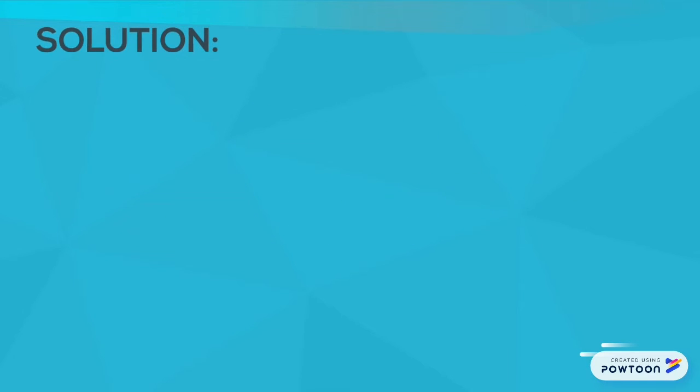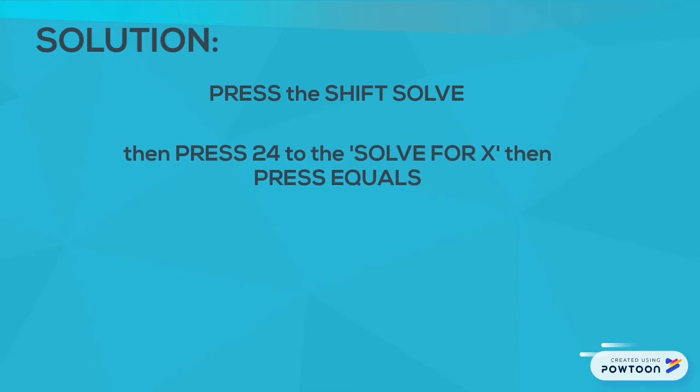Then after inputting the equation into that calculator, press shift solve, then press 24 to solve for x, then press equals. Your calculator will process that equation. So the x will be 17.94 and that will serve as your time in seconds.